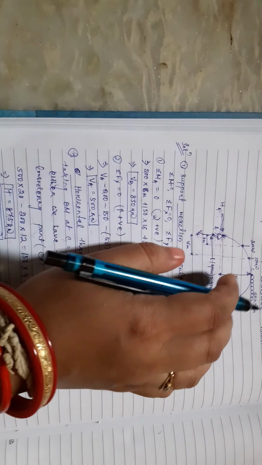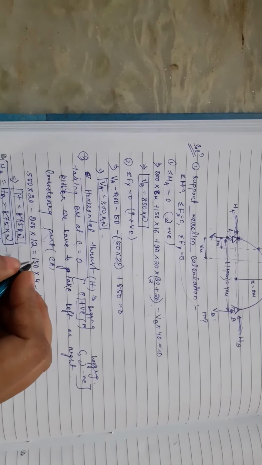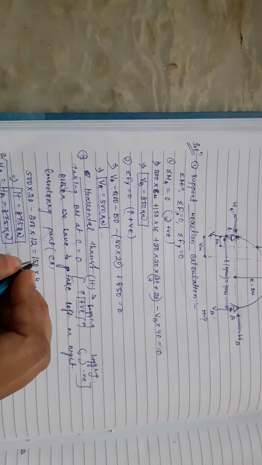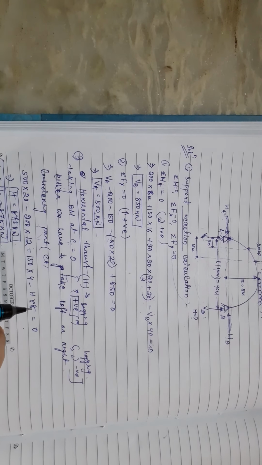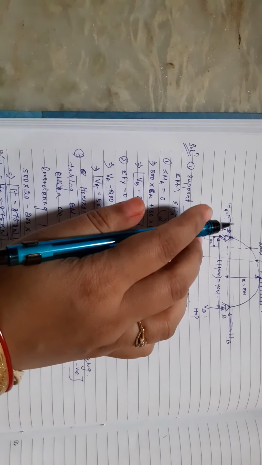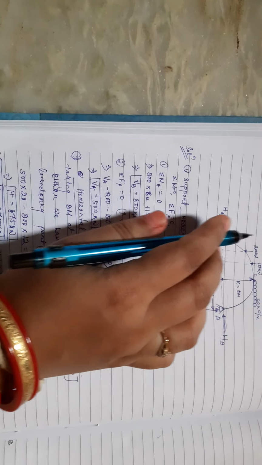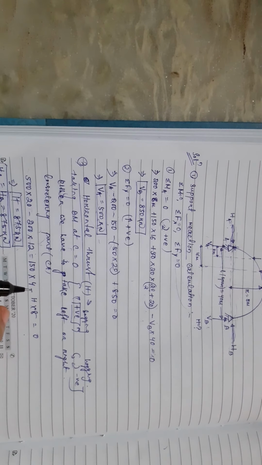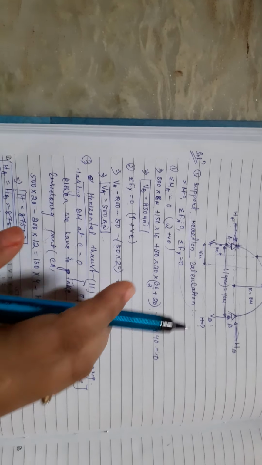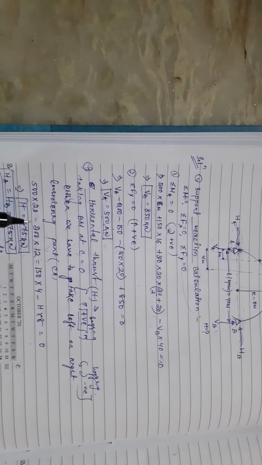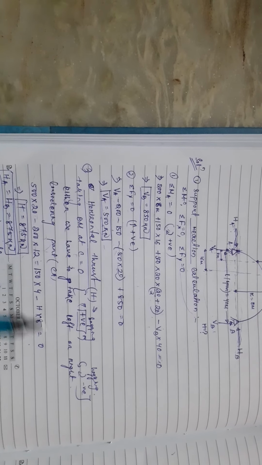It is acting anti-clockwise, so it is negative. Then HA into its perpendicular distance, which is 8, equals to 0. HA is also acting anti-clockwise, so it is negative. By solving this equation, we calculate H equals to 875 kilonewton. Due to symmetry, HA is equal to HB, which is equal to 875 kilonewton.